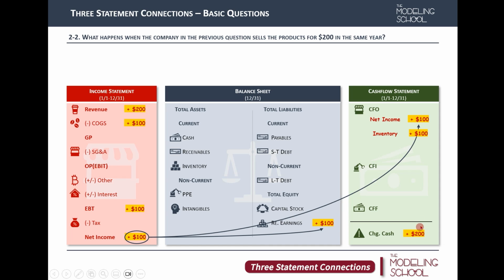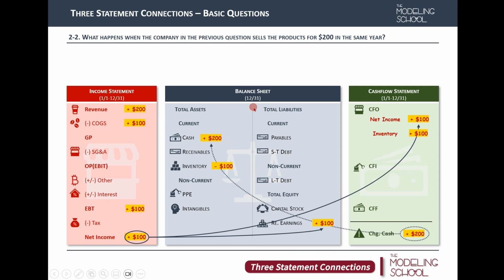Changes in cash was 200, which will affect year-end cash balances by $200. And because now we have consumed our inventory, we have used up our inventory, inventory balances will decrease by $100, and we can now see the balance sheet matches.